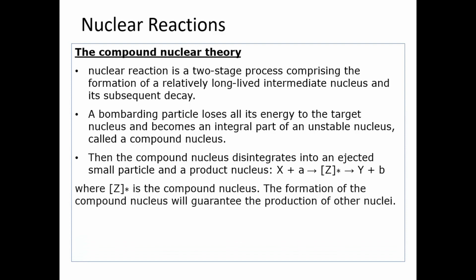The compound nucleus is really unstable, and this idea of how it is generated is the compound nucleus theory. It was put forth by Niels Bohr and is still very useful for explaining fission and fusion types of reactions. The formation of the compound nucleus guarantees that another type of nucleus will be produced and something will be getting out.